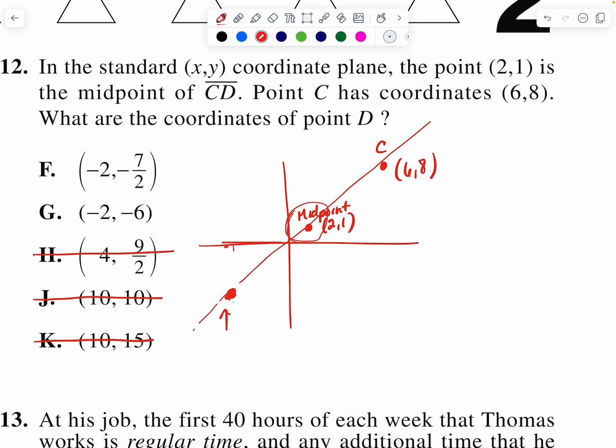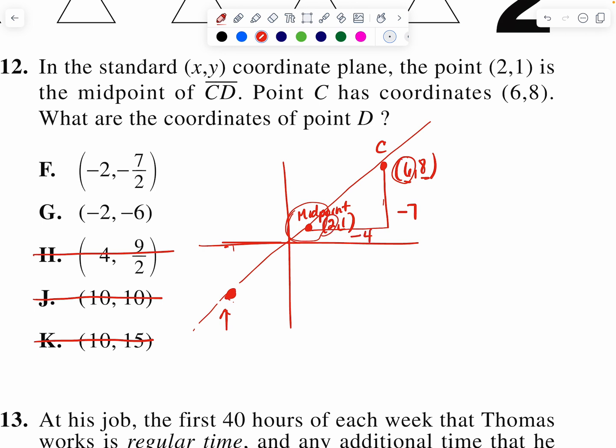But let me show you how I would do this. I need to know how far I go down and how far I go left to get from C to my midpoint. If I go down, I'm going from 8 to 1, so I went down 7. Moving left, we started at 6 and ended at 2, so I went left 4.